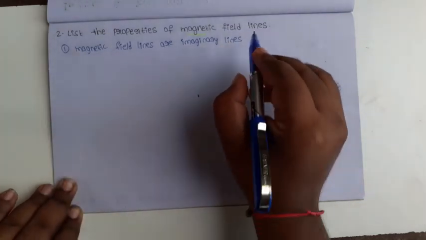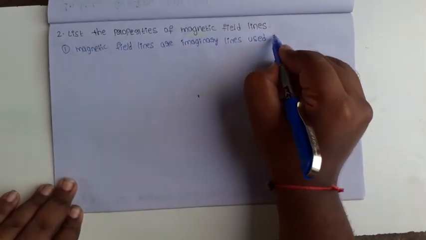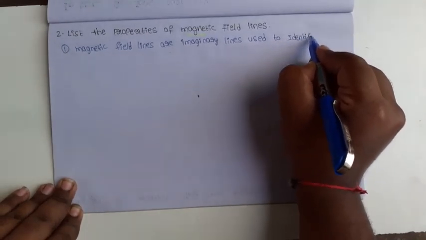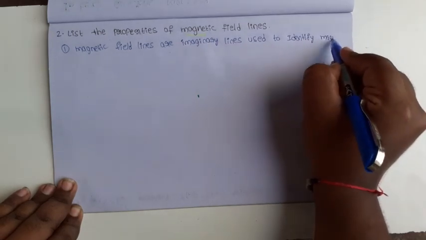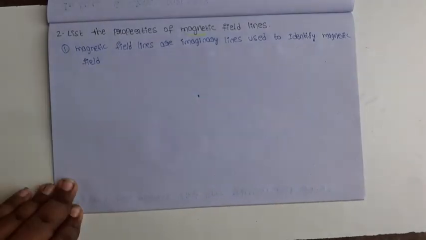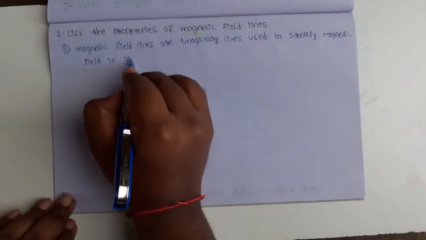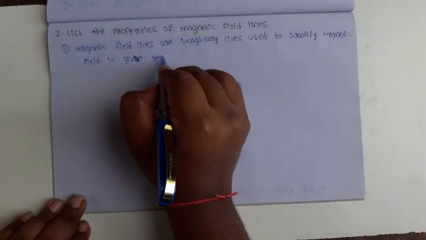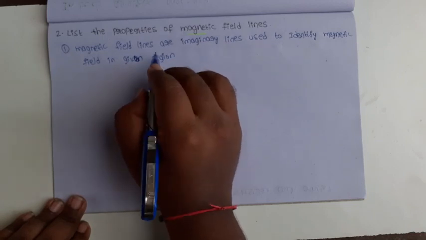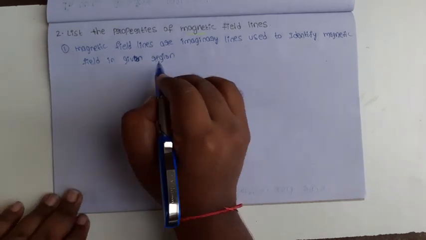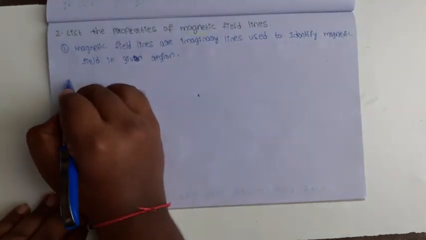Okay, these are all imaginary lines used to identify the magnetic field in a given region. So the first property: magnetic field lines are imaginary lines. These lines are used to identify the magnetic field in a given region. That is the first property.